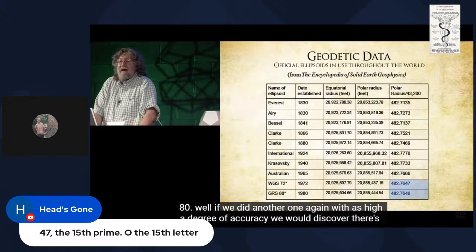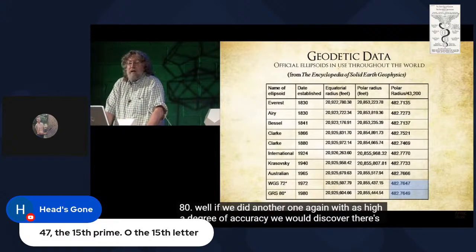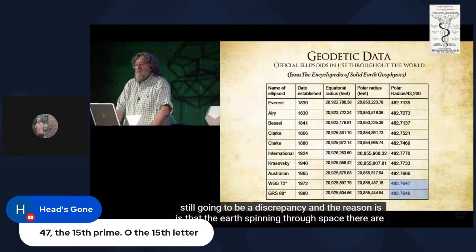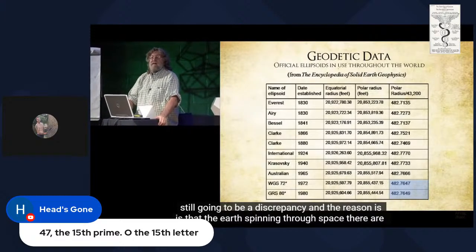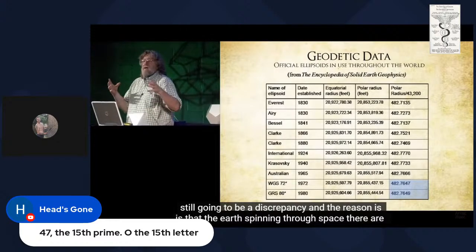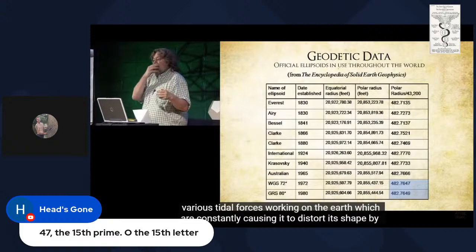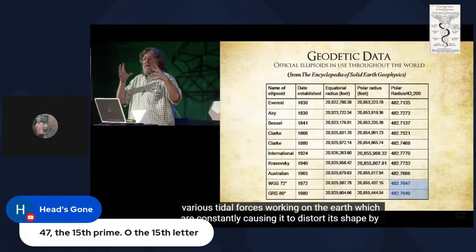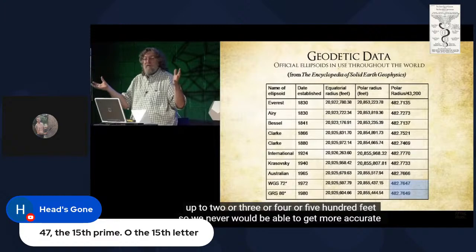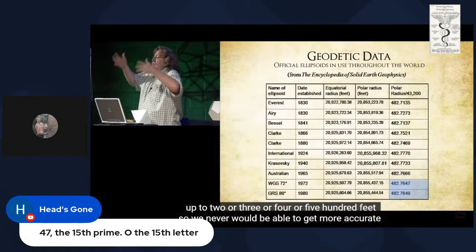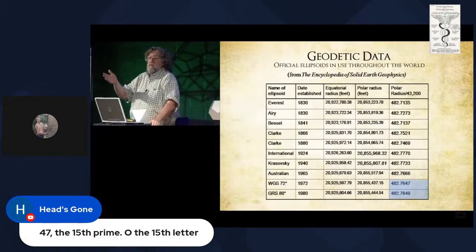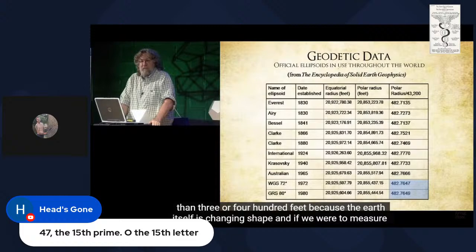Well, if we did another one with as high a degree of accuracy, we would discover there's still going to be a discrepancy. The reason is that the Earth spinning through space is subject to various tidal forces, which are constantly causing it to distort its shape by up to 2 or 3 or 4 or 500 feet. So we never would be able to get more accurate than 300 or 400 feet because the Earth itself is changing shape.